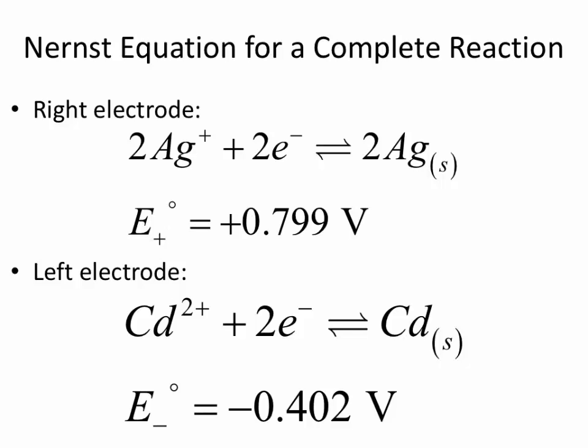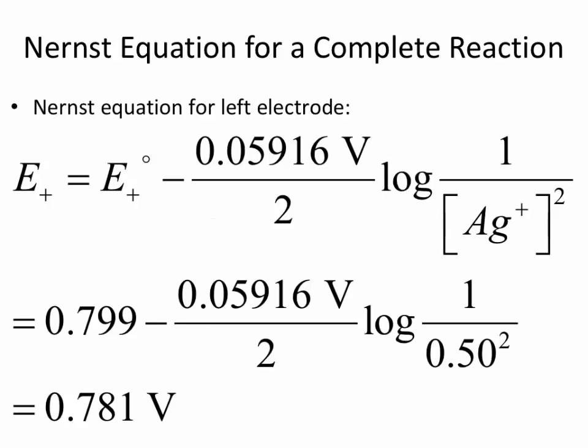The left electrode is then our cadmium 2 ions reacting with our 2 electrons to give us solid cadmium, and the E0 there is negative 0.402 volts, and this is then our E0 negative.